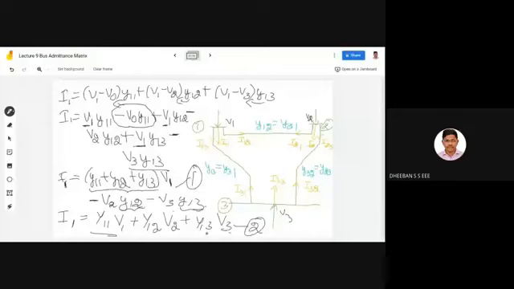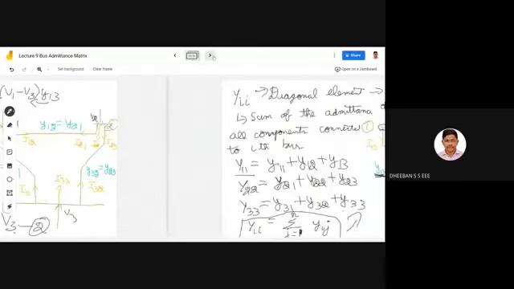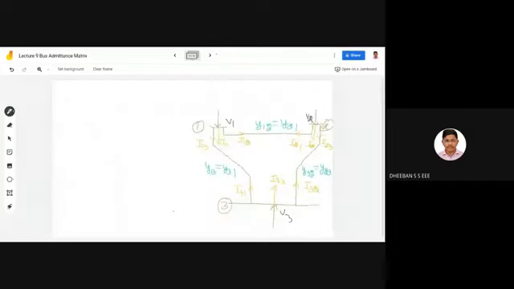So for the self-admittance matrix alone, you have to consider all the other admittances connected to it. So I'll be moving on. Next you have to apply KCL. We have completed the first node, and now we'll be going for the second node. Apply KCL at node 2.